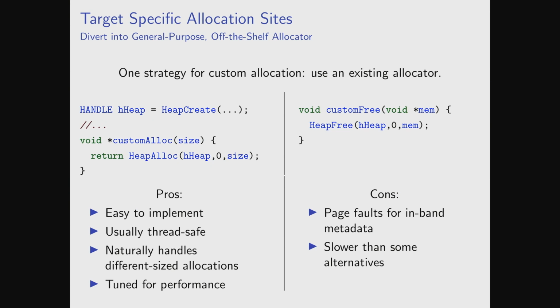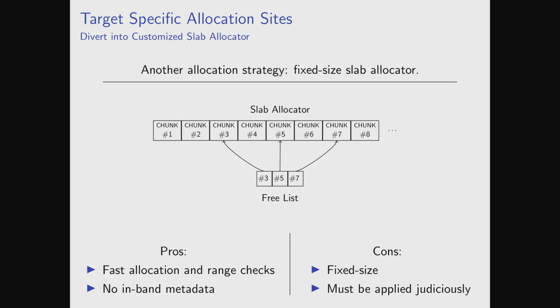The most flexibility you can get here is to use some sort of off-the-shelf memory allocator that allows variable size allocations, performance tuning, and so on. This is easy to implement. Usually these are thread safe and performance tuned, and they handle different size allocations. However, they have in-band metadata, which means you're also going to be taking page faults within the allocator itself. So for optimum performance, mostly the way I apply this technique is I use a fixed size slab allocator.